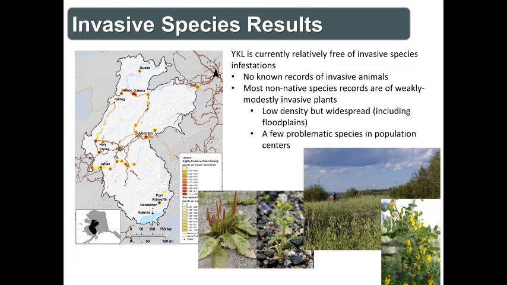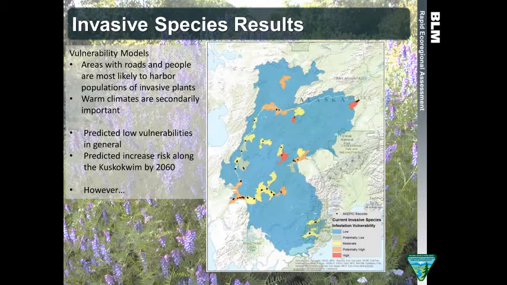These are potentially problematic species. All these towns are located on rivers, and sweet clover is a really good colonizer of floodplains and sandbars of rivers, so these propagules can be moving downstream and establishing on the floodplains.